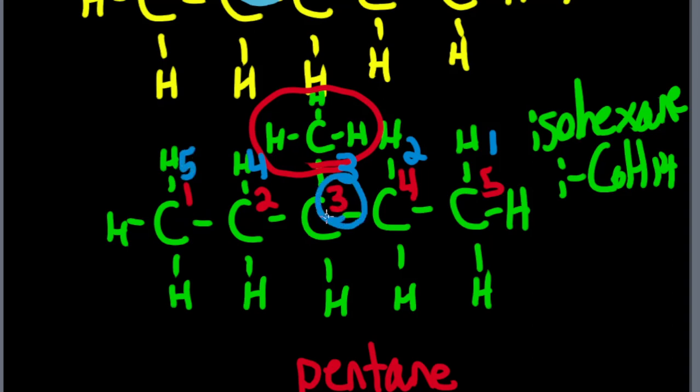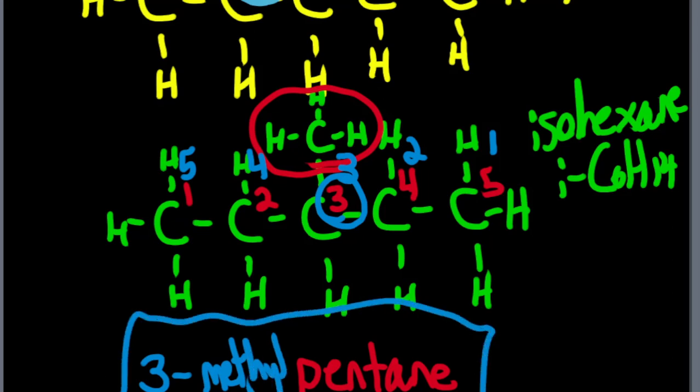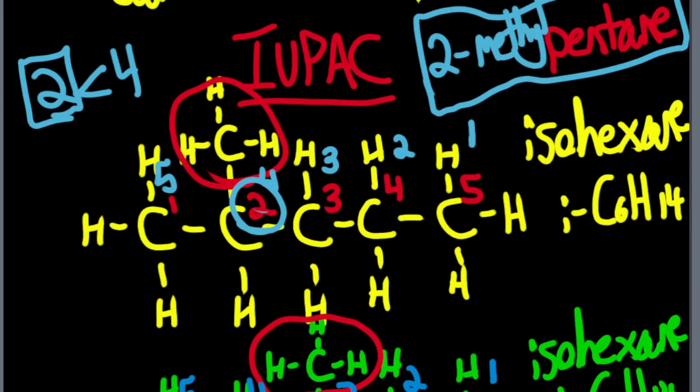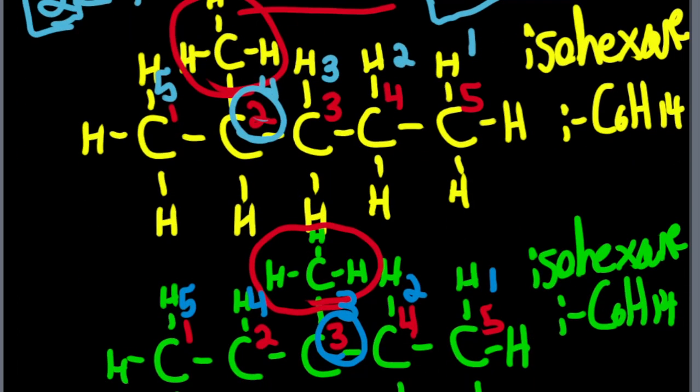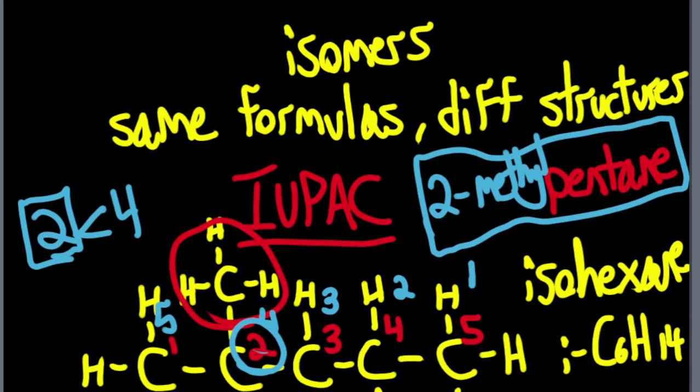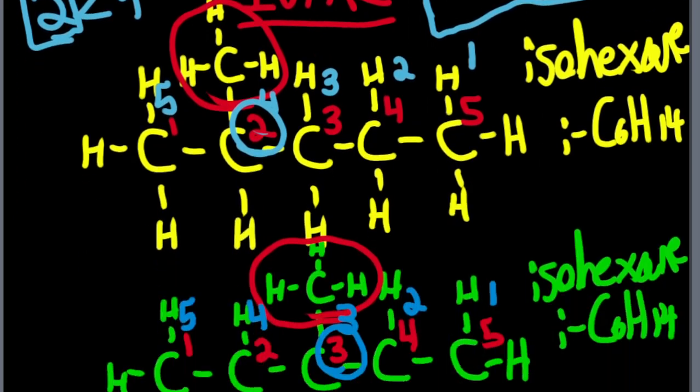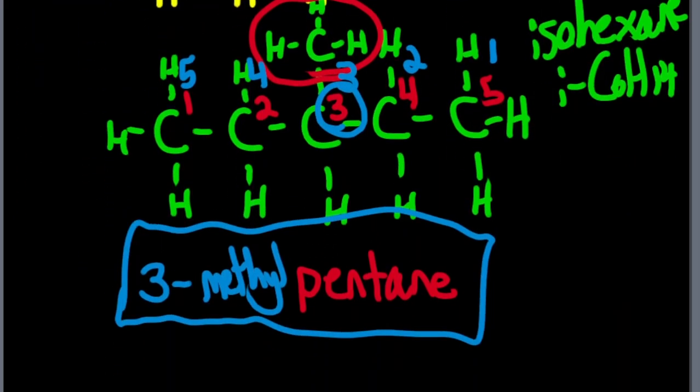But I have my methyl coming off of my third carbon, so I can call this 3-methylpentane. So instead of having both of these called isohexane, which is kind of confusing, now I can name the one 2-methylpentane and the other 3-methylpentane. Okay?